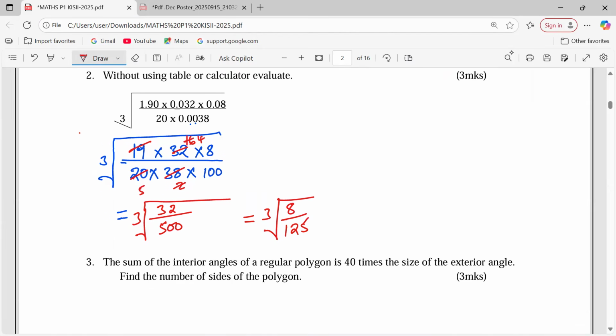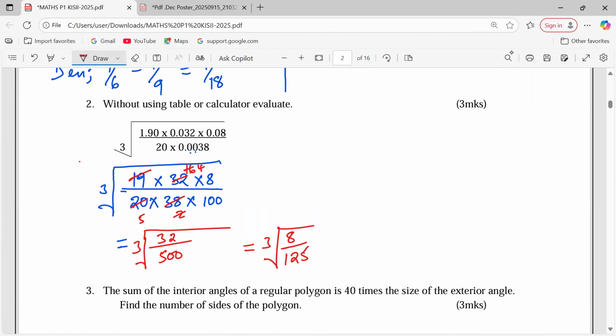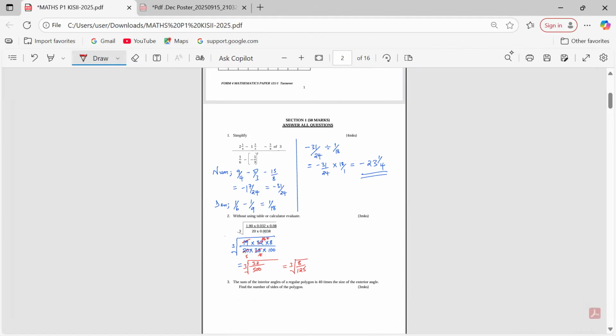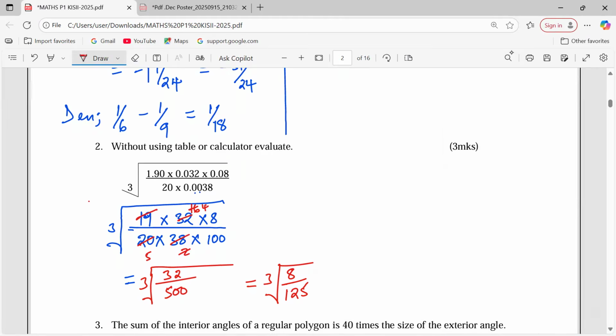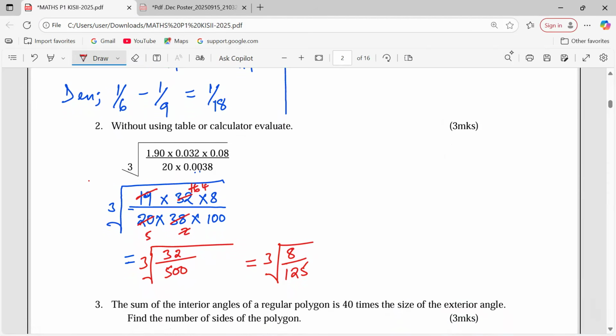So we want now to obtain the third root, and we are not supposed to use a calculator or a math table. So allow me to work out the numerator first: the third root of 8. We factorize first. By 2, we get 4. Then by 2, we get 2.